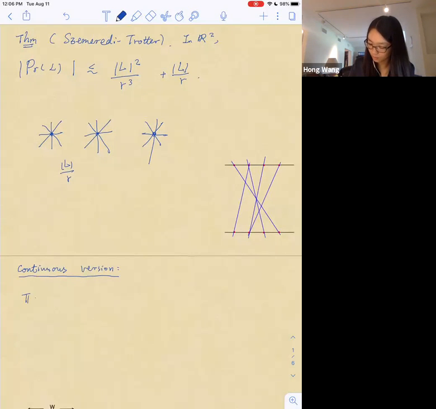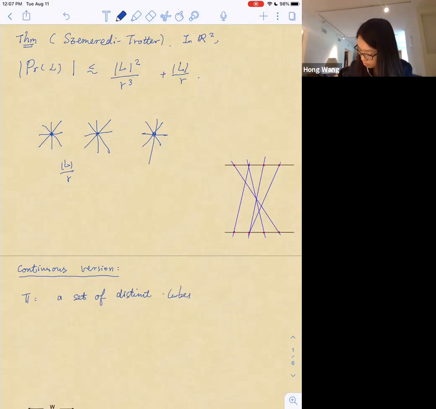Let T be the set of distinct tubes of length N and radius 1.